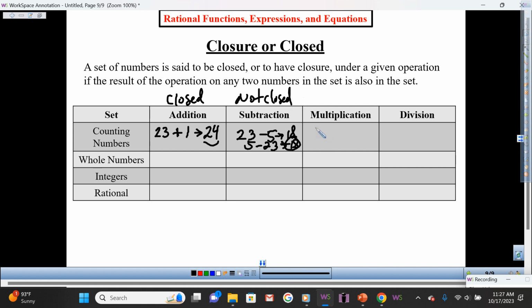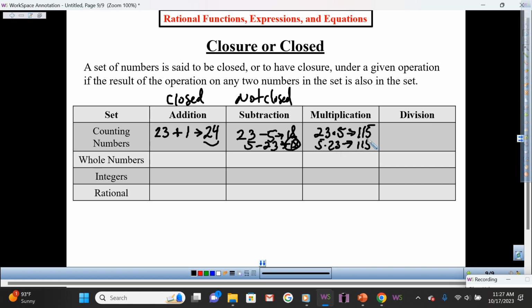How about multiplication? 23 times 5. How much is 23 times 5? Very good, 115. Is 115 a counting number? Will that work all the time? Let's double check. 5 times 23.